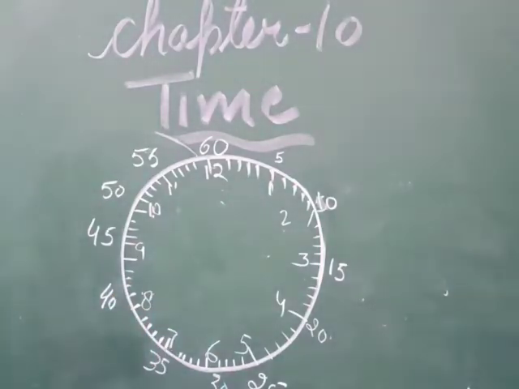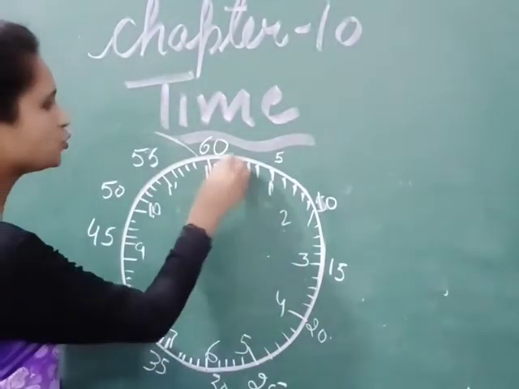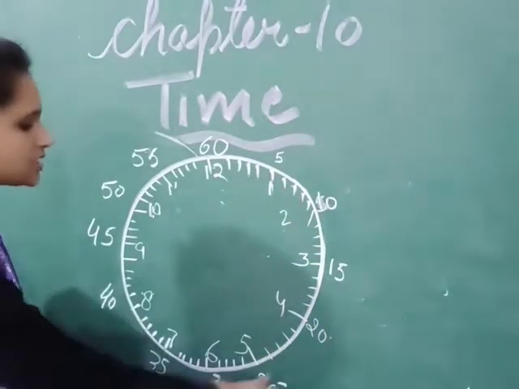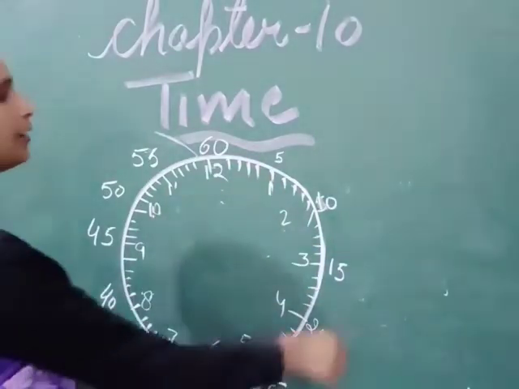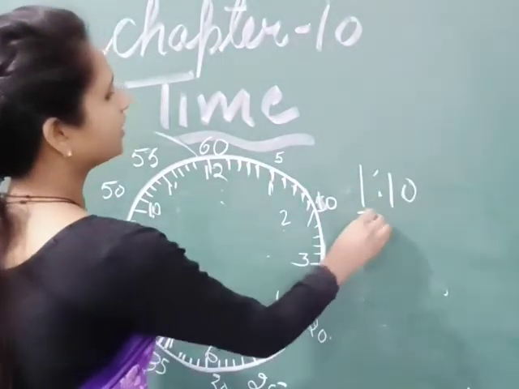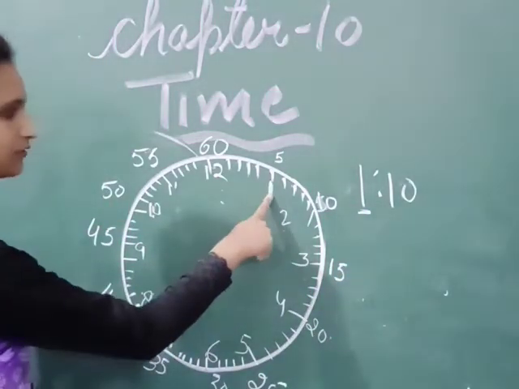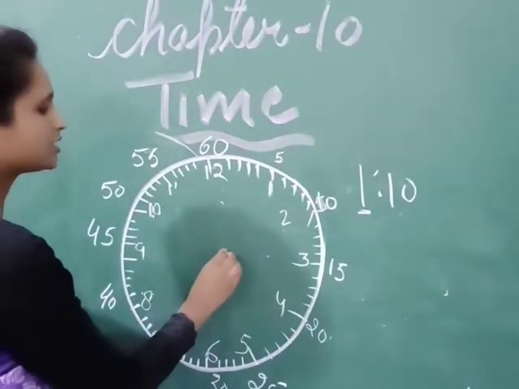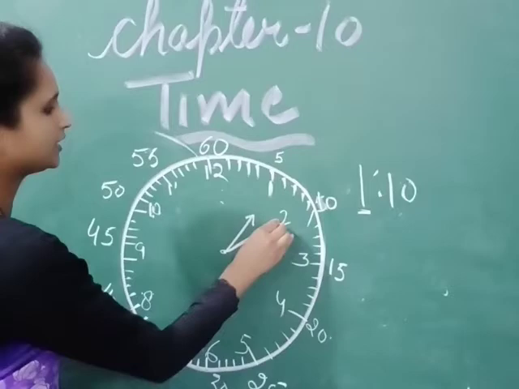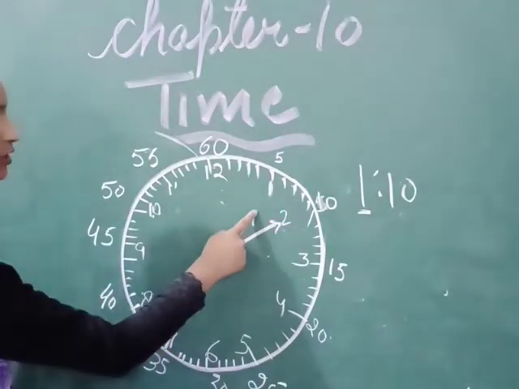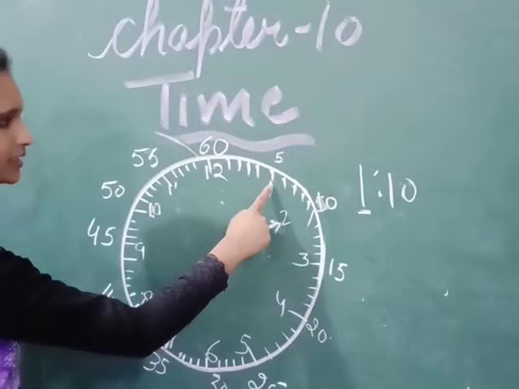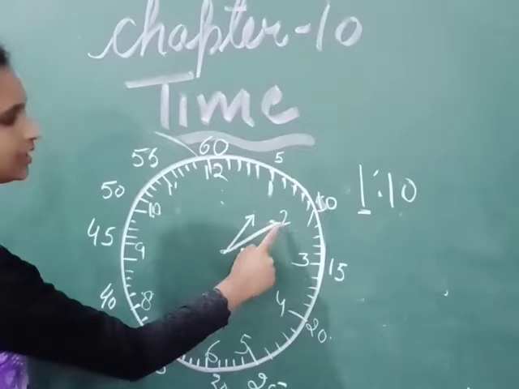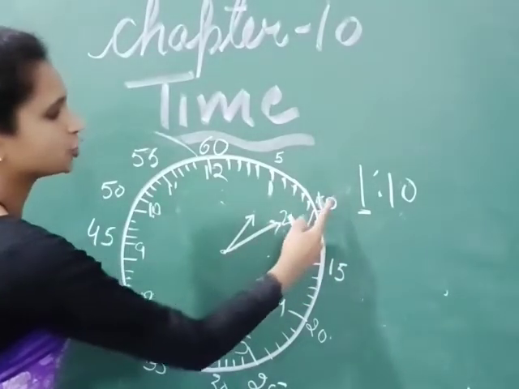Whenever we tell the time, we use these subdivisions to tell the minutes. For example, if it is 1:10, then 1 will be the hour, the main division, and 10 will be the subdivision. 1 will be the short hand, that is the hour hand, the main division, and the long hand is the minute hand, and we have to use the subdivision to tell the time.